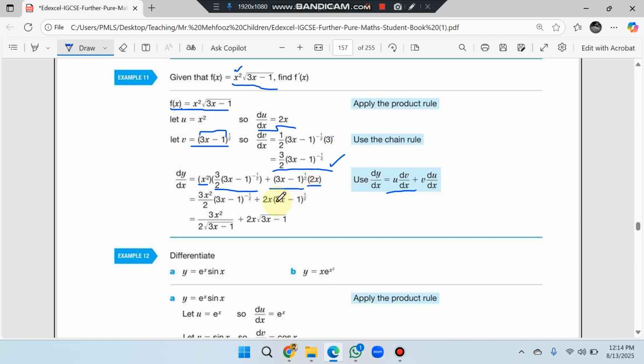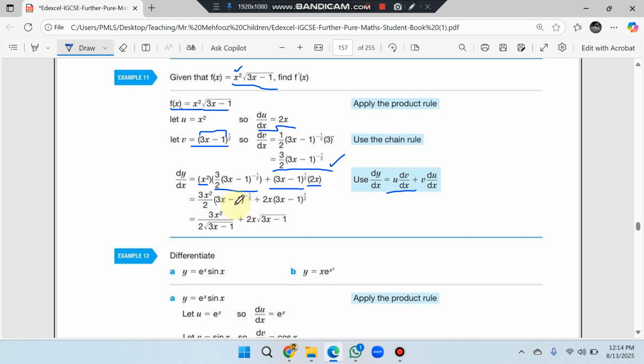Again, you can see that this 3 over 2 can be multiplied by x square. So this can be written as 3x square over 2 times 3x minus 1 raised to the power minus 1 over 2, plus 2x times 3x minus 1 whole raised to the power 1 over 2, right?